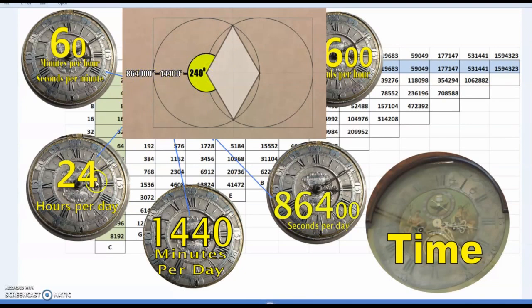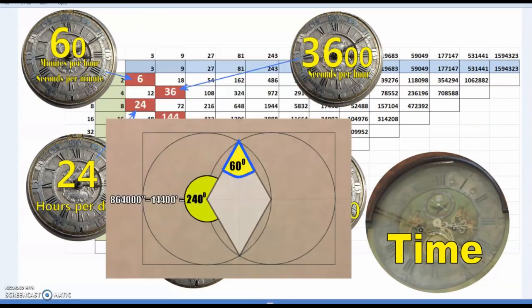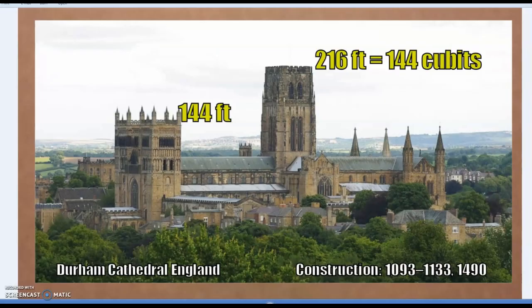So 24 hours per day, 240 degrees, 14,400 minutes in that angle, which is 1,440 minutes per day in time, which is 86,400 seconds per day, and that's 864,000. So all of the angles that make up the vesica, whether it's the external angle of this rhombus or the internal angle, again 60, break down in the same sets of numbers.